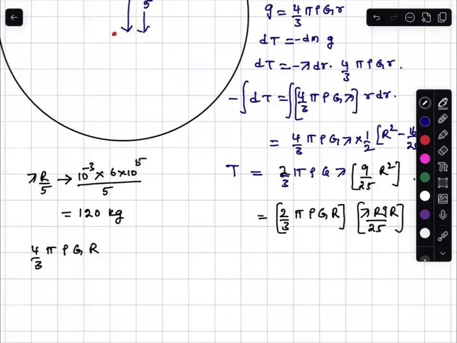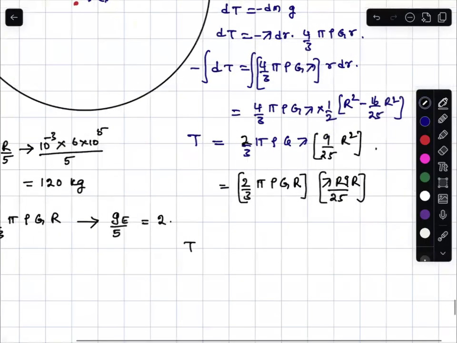And for this planet, it will become g earth by 5 because density is the same. So g earth is already given as 10. So this will become how much? 2. Right. Now you try to substitute everything.